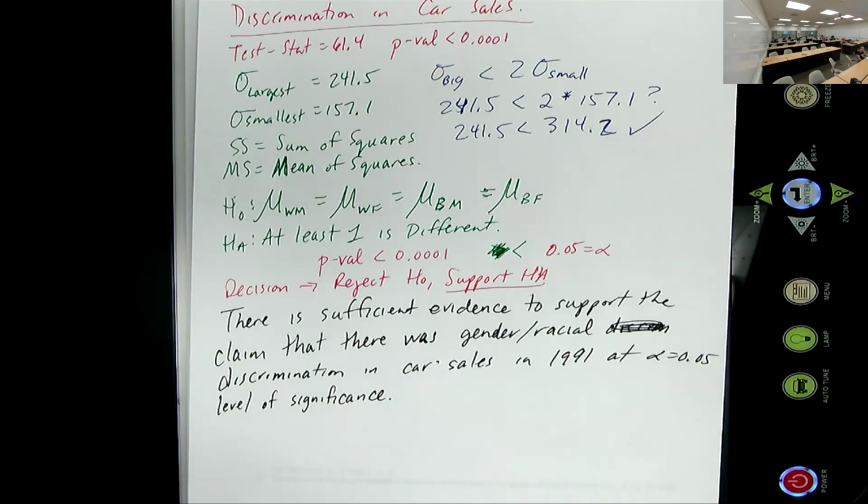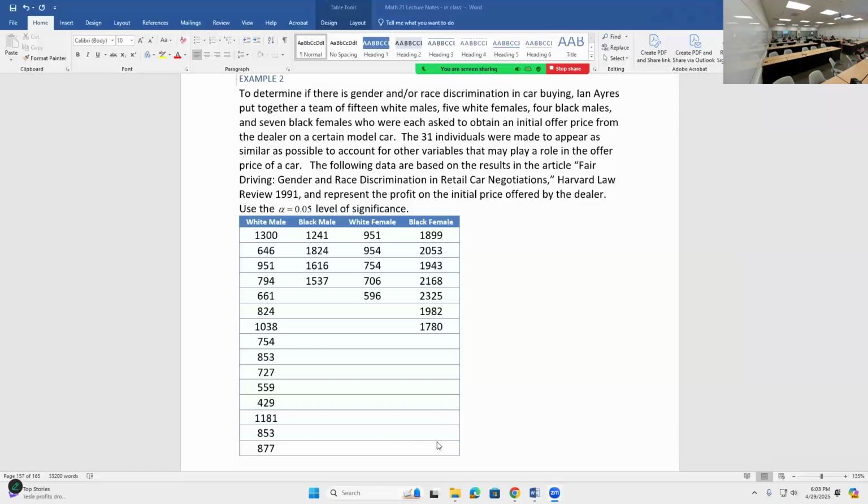Let me pop it over real quick so you can look at the values. It's always worth taking a look at it, coming with an idea of what's going on. I want to say it looks like white females have it the best, because they didn't have anybody above 1,000, but I don't know what their means were. Theirs were mostly 700 to 900.